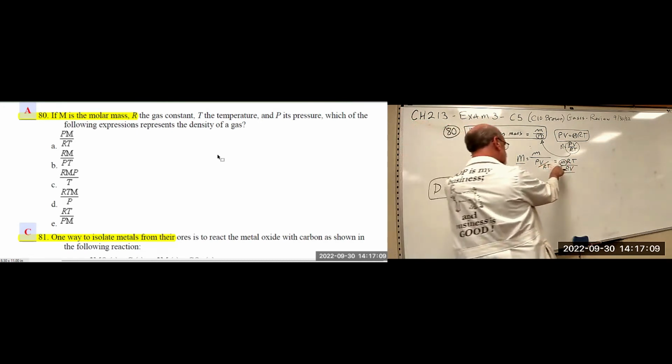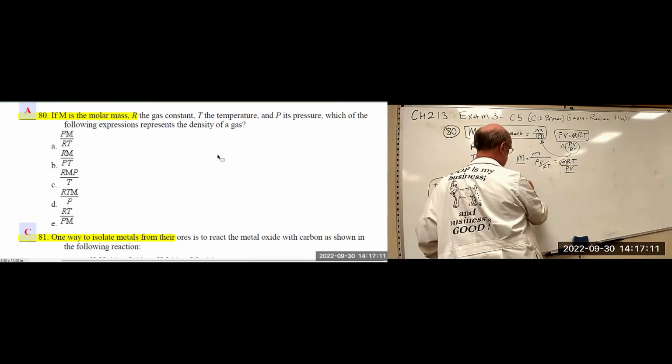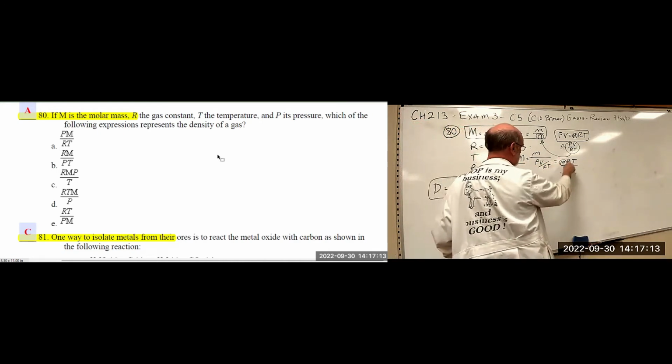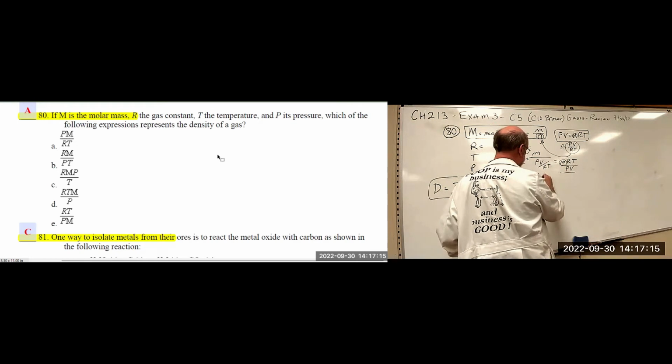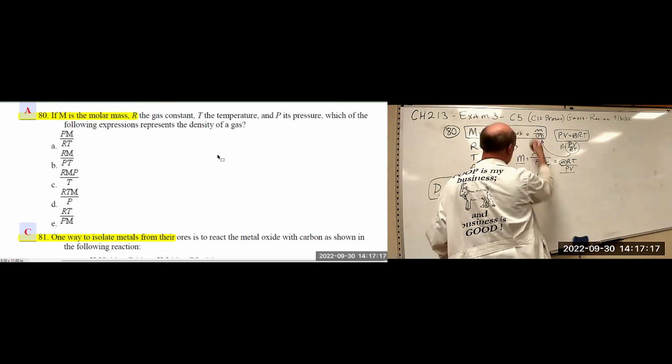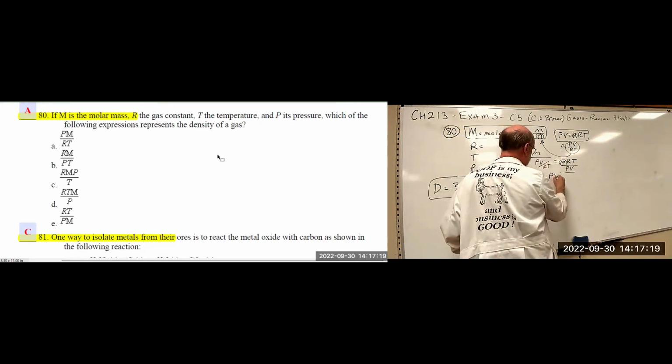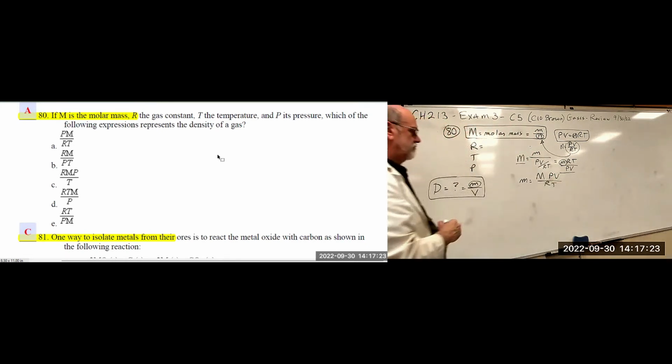So we need to solve this one for that mass. That mass is equal to this molar mass times PV over RT, correct? Did I lose anybody? Okay.